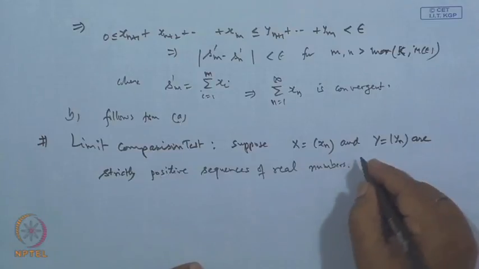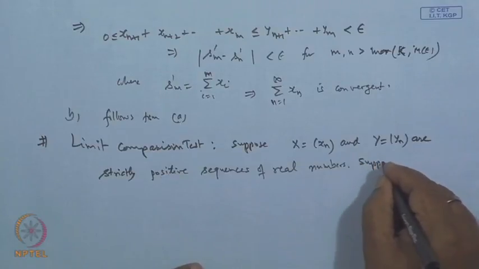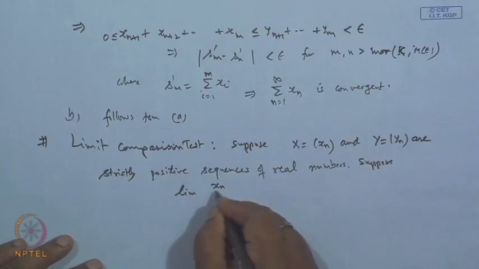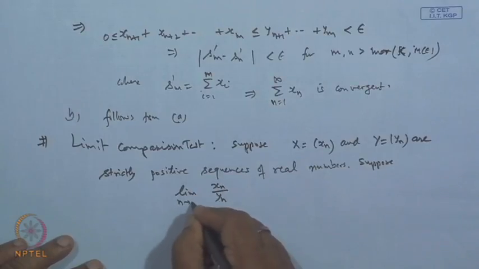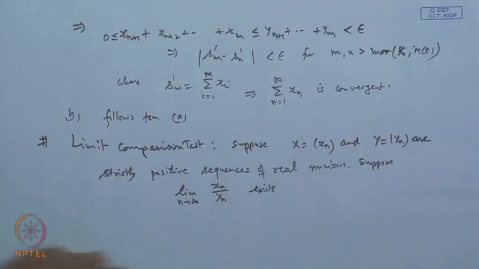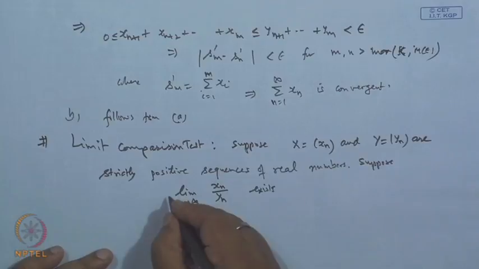And suppose the limit of x_n divided by y_n when n tends to infinity exists. Suppose this limit exists, say is equal to r.